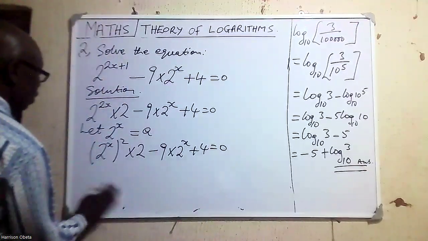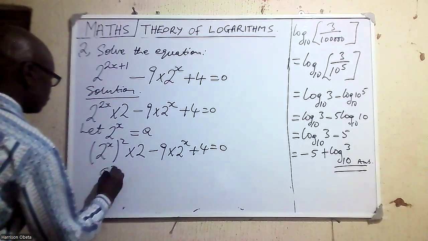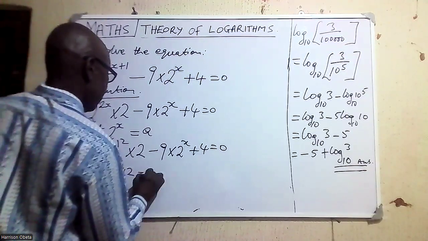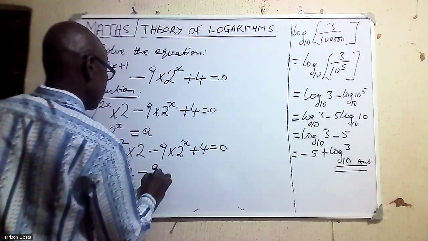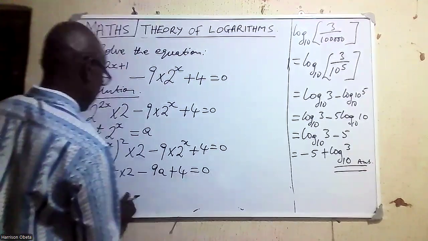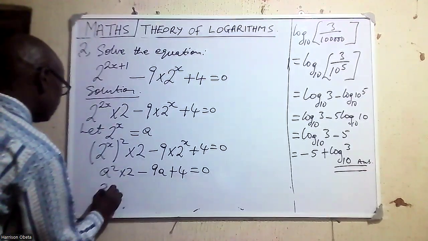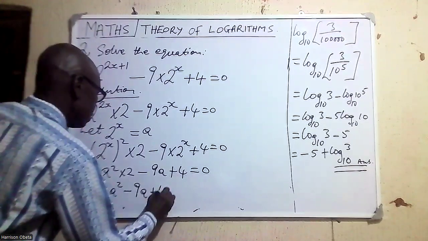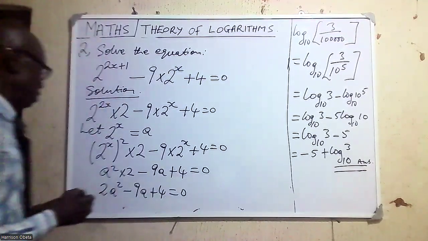So this will now lead us to a squared times 2 minus 9a plus 4 equal to 0. And that is 2a squared minus 9a plus 4 equal to 0.